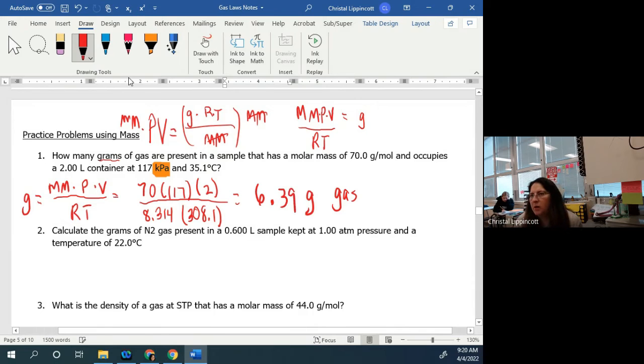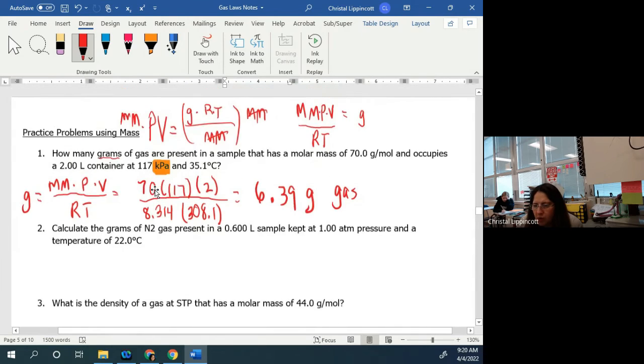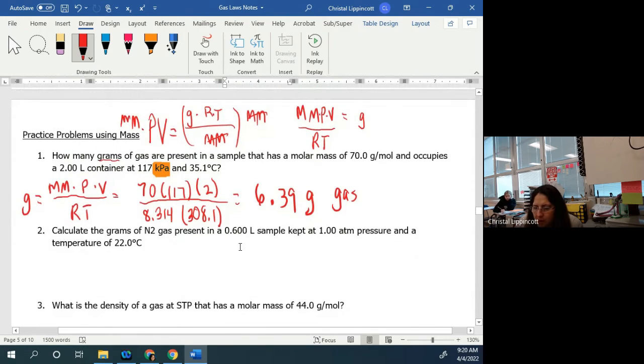All right, better? So now I'm going to show you how to sub in. This is n, this should be a lowercase n. My apologies there. We're going to calculate grams of this present. If you didn't want to do it in one fell swoop and you wanted to do it in two steps, I'm going to solve for moles first. And then I'm going to show you how to convert that into grams.